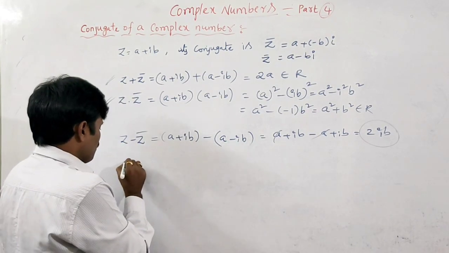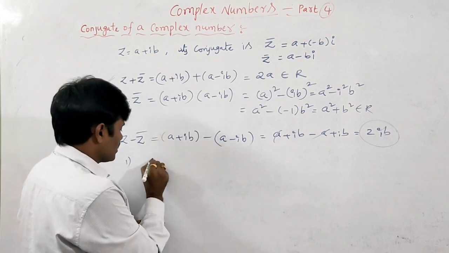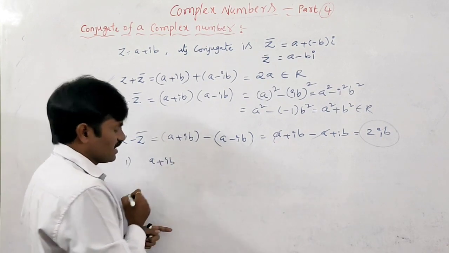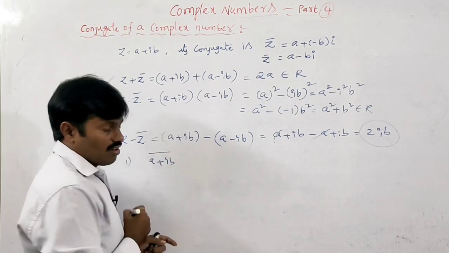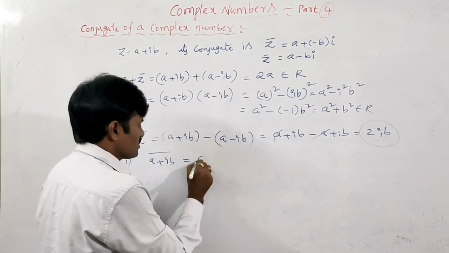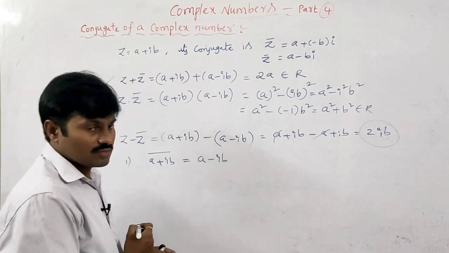Now let us check some properties. The conjugate of a plus ib, written with a horizontal line over a plus ib, is a minus ib.